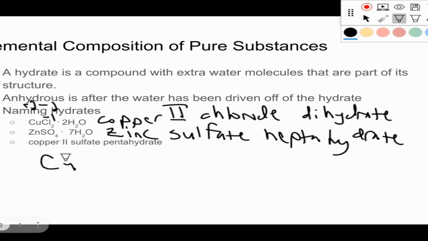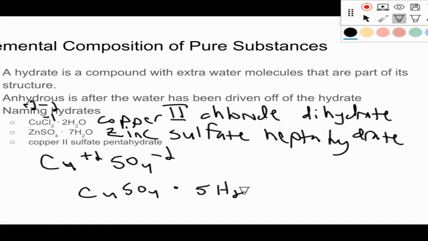So Cu, the Roman numeral tells me my charge of Cu is positive 2. Sulfate, I just told you a minute ago, is SO4. Its charge is a negative 2. So its formula is just CuSO4, dot to show that it's chemically bonded. Pentahydrate, penta is 5. So 5H2O. So for every copper sulfate, there are 5 waters chemically attached to it in this type of hydrate.